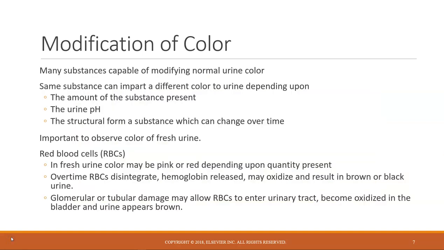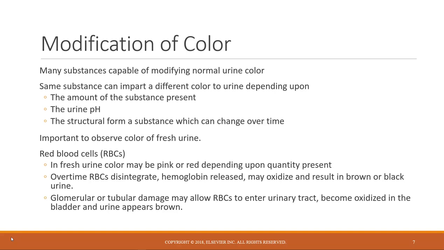Many substances are capable of modifying the color of normal urine. The same substance can impart a different color to urine depending upon the amount of the substance present, the urine pH, and the structural form of the substance, which can change over time. It's very important to observe color of fresh urine. For example, red blood cells may be found in urine. In fresh urine, the color may be pink or red depending upon the quantity of red cells present.